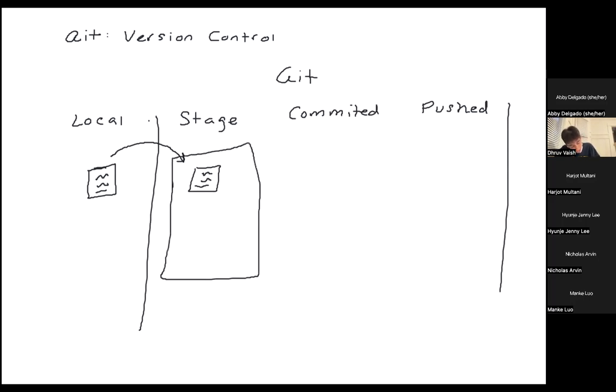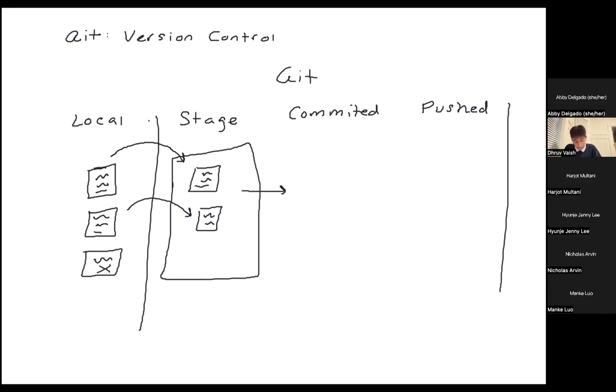Let's say I have 3 files. These 2 are good, so I stage those. This one kind of sucks, so I don't want to stage this. So I put these 2 files on the stage. Then I commit them. Committing is where Git actually saves the contents of those files.